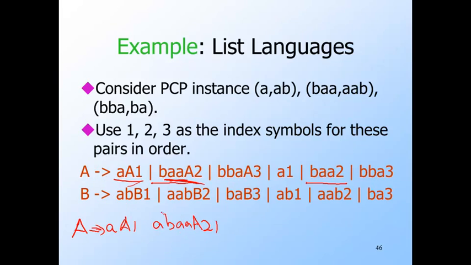And then we'll use the third pair, but we want to end it, so we'll use that production, and that gives us the final string, and then 3, 2, 1.